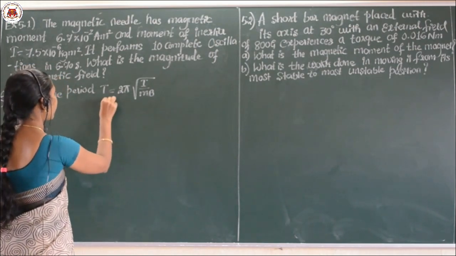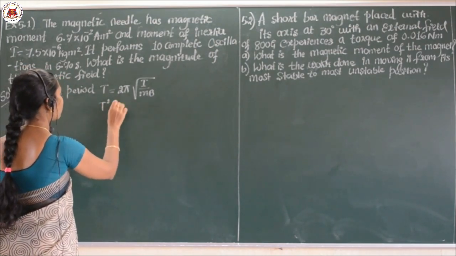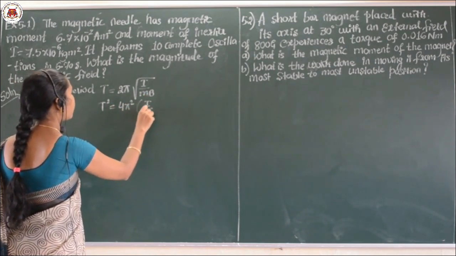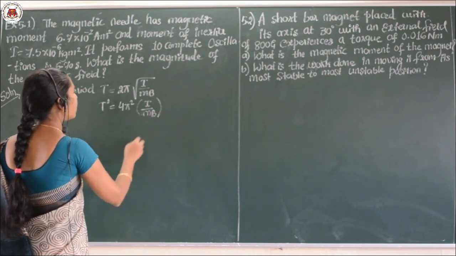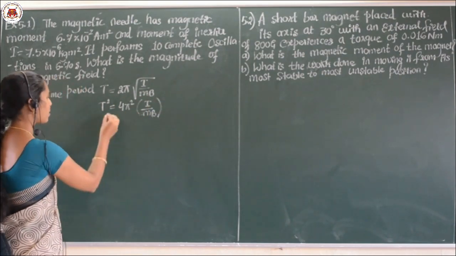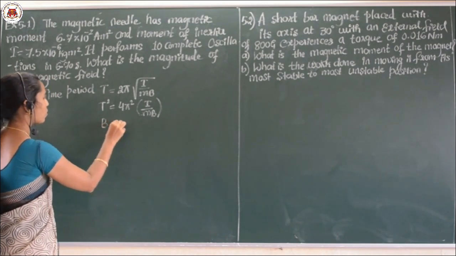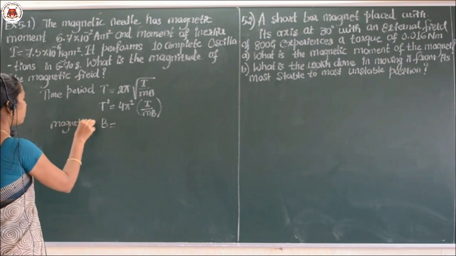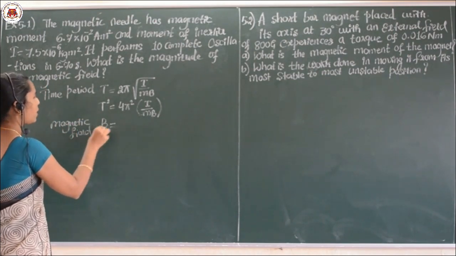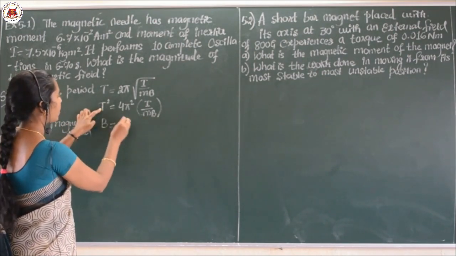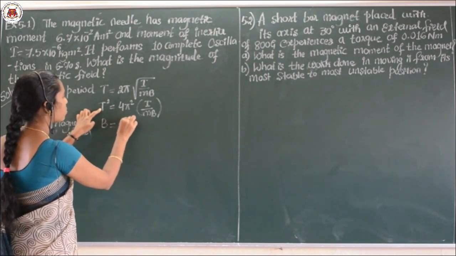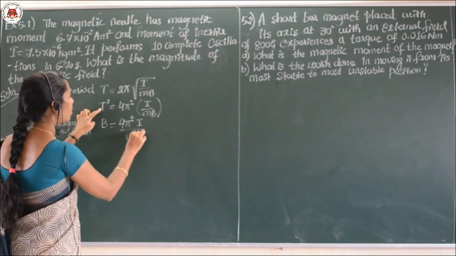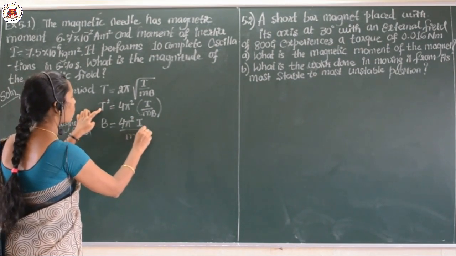From this I get T square is equal to 4 pi square I upon mB. Simplifying this, we get B is equal to 4 pi square I upon m into T square.